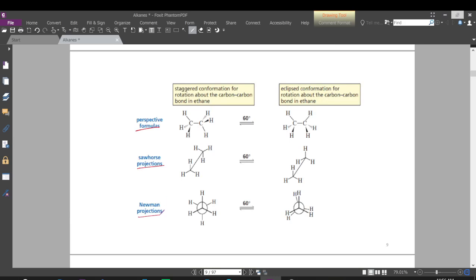In the perspective formula, we see that the carbon-carbon and carbon-hydrogen bonds are in the plane of the paper. Here you see a dash line, the hash line, and also a wedge.